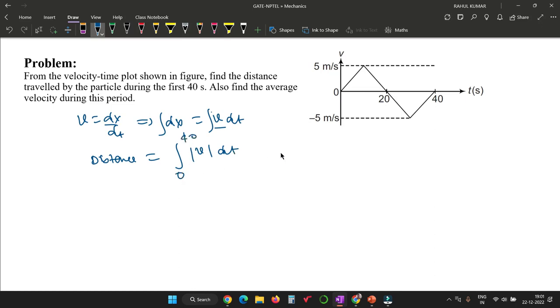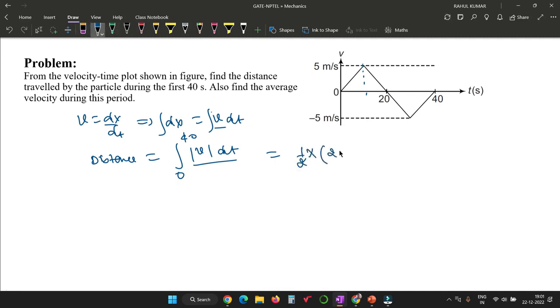So time is 0 to 40. In 0 to 20, what is the area between the VT graph? You can find just the area of the triangle.